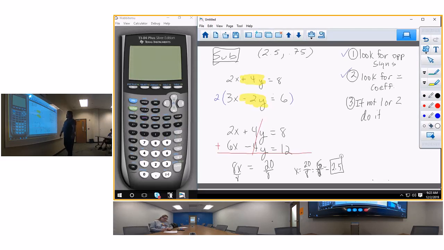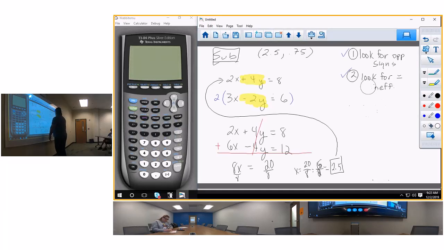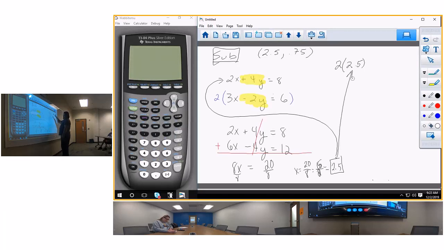And what do you do with that 2.5? Plug it back in to either one. I don't care which one. Two times 2.5 plus 4y is equal to 8.